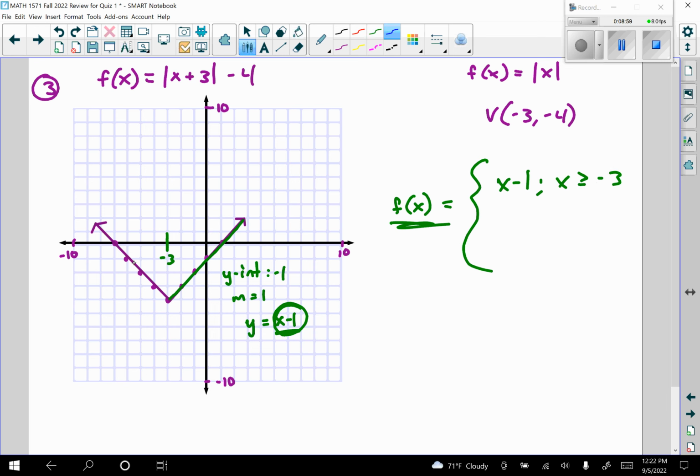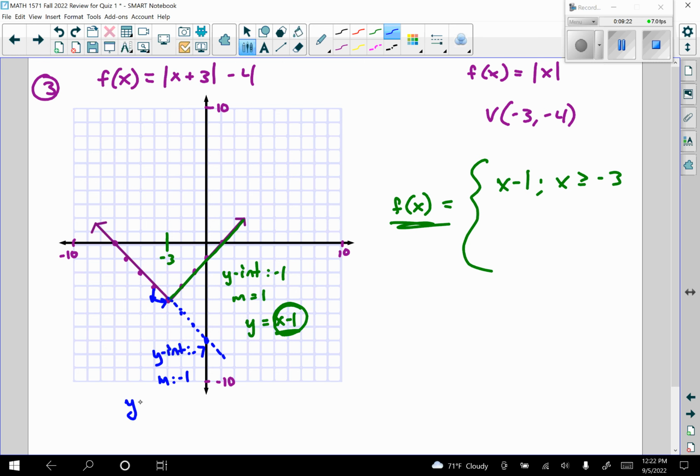This piece that's over here, if I were to extend it, because I want to find a y-intercept, if I were to extend this part just to give me that idea, my y-intercept here, counting down 1, 2, 3, 4, 5, 6, 7, is at negative 7. My slope, I have to go down 1 and right 1, is negative 1.